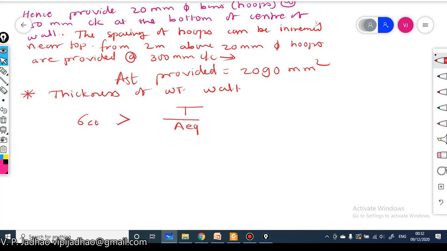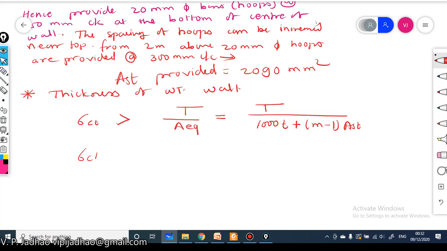This can be written as T divided by 1000 t plus m minus 1 into AST. We know all the things except this t in this equation.